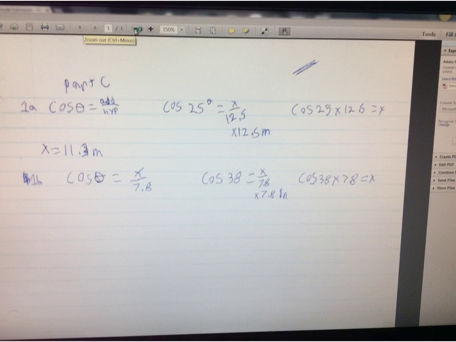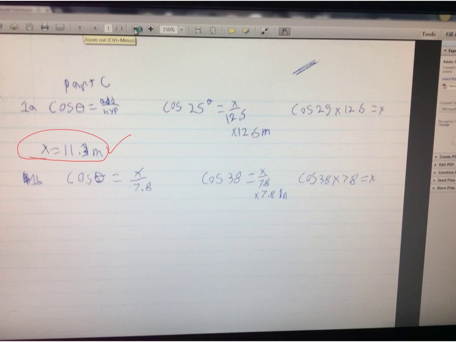Okay, so over to page 2, and you gave me the work for part C here for question 1A and B. So it's asking you to find the unknown sides that are marked as X, and I noticed in part B that I forgot to put an X, but you figured out that it was the only side that was not solved for, so that's great. 1A, we definitely have a cosine ratio here, so we've got cosine of 25 equals x over 12.5, and so your answer turns out to be 11.3, which is still smaller than 12.5, so that's a completely reasonable answer.